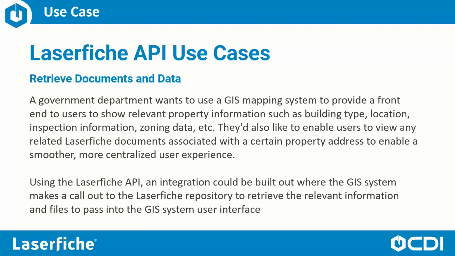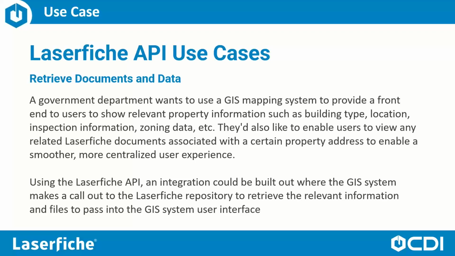Retrieving documents and data again. So this is another example. Maybe you're using a GIS mapping system and you want to be able to provide relevant property information either to the public or to potentially unlicensed users within Laserfiche.